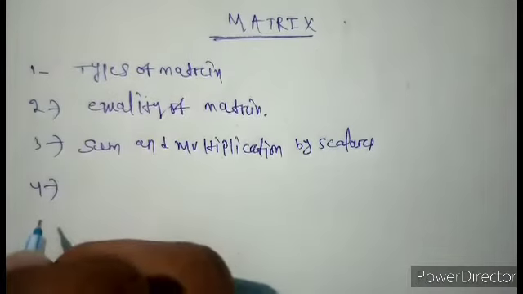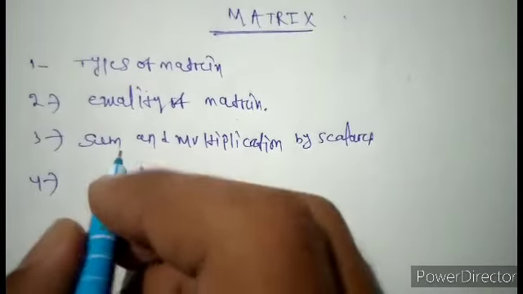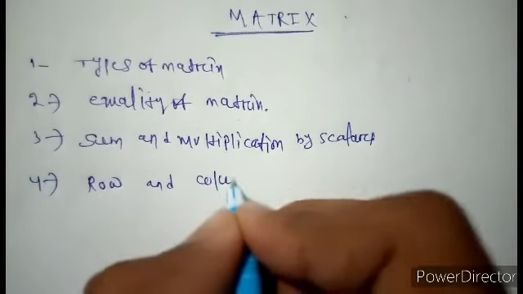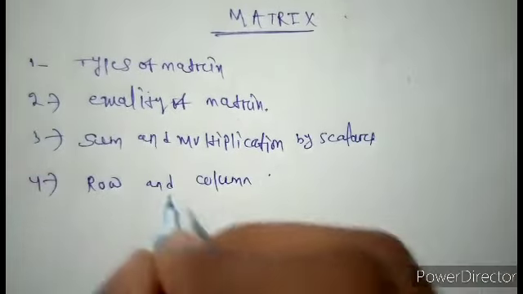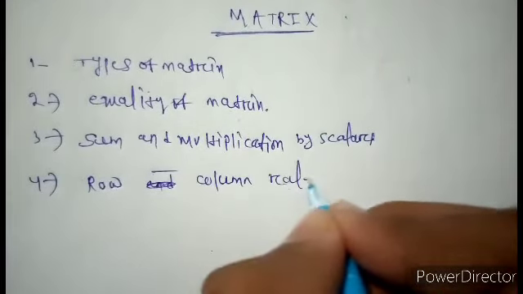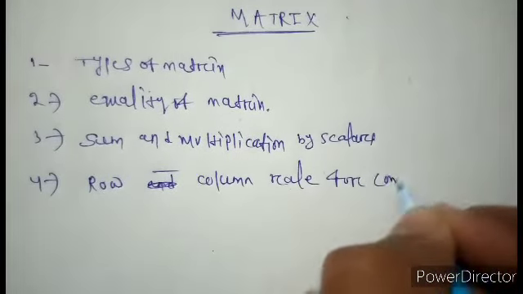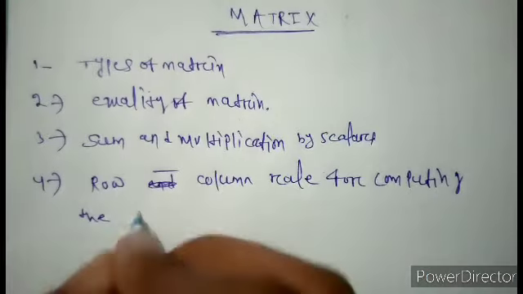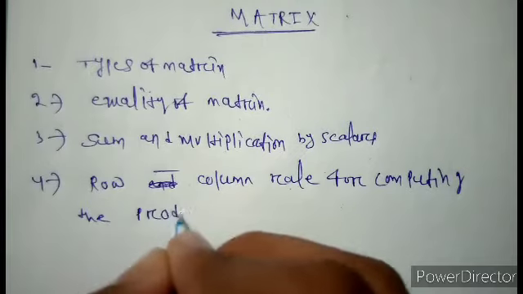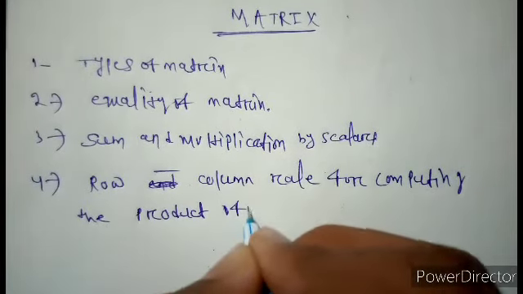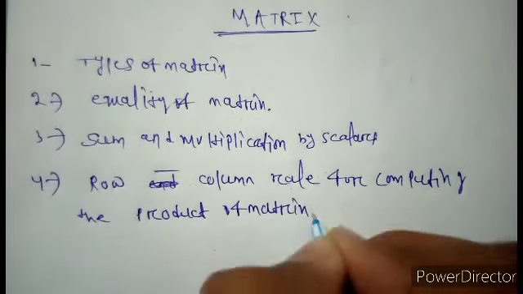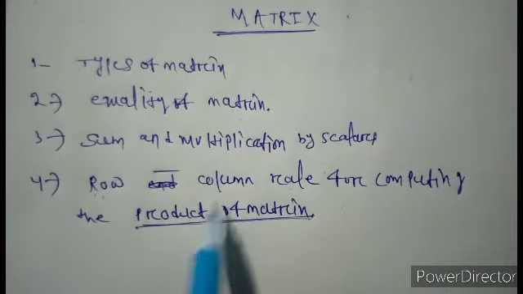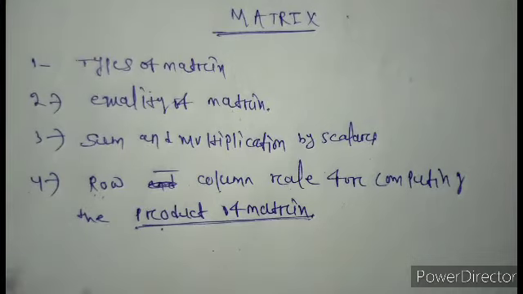Fourth one is row column rule for computing the product of matrix. We have to simply use the law, that is row column law, for the product of matrix.